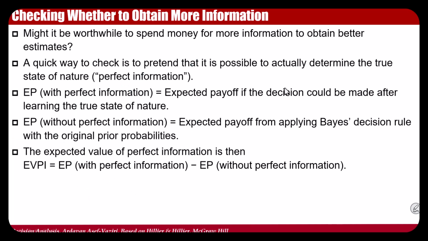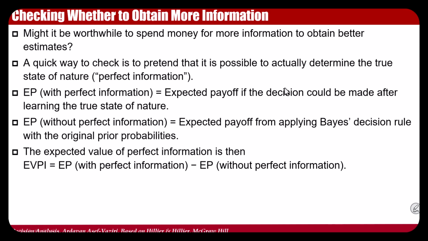In this situation, when the firm is under such a risk, it may be worth spending money for more information to obtain a better estimate. The first step that we take in this direction is to compute the value of perfect information. By perfect information, I mean if I knew what will happen, what was my decision?